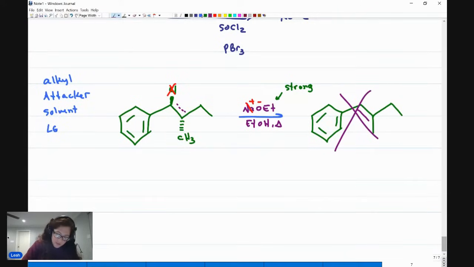But when it comes to an E2 reaction, the hydrogen and the leaving group have to be perfectly lined up for the orbitals to collapse into each other. It's got to be straight dominoes. And the way I have this set up is absolutely not going to work. The reason for that is look at where I have my hydrogen.